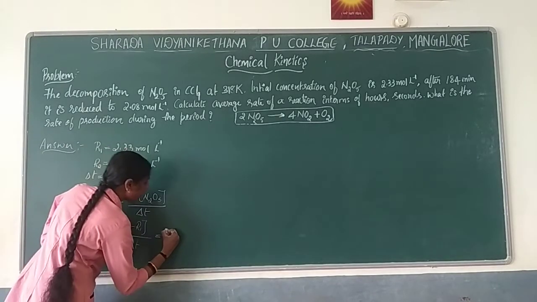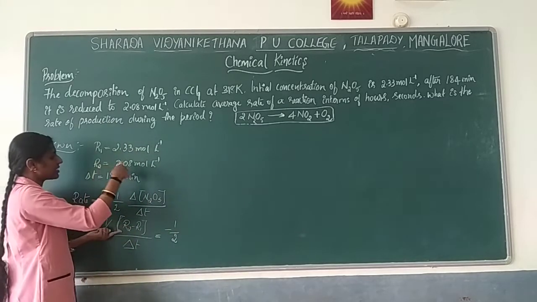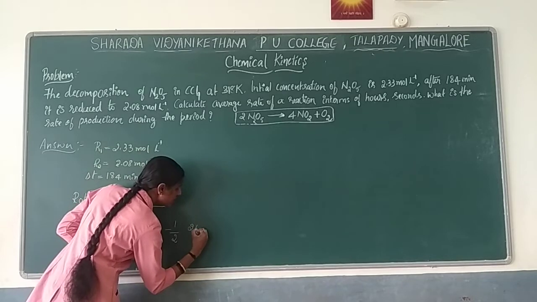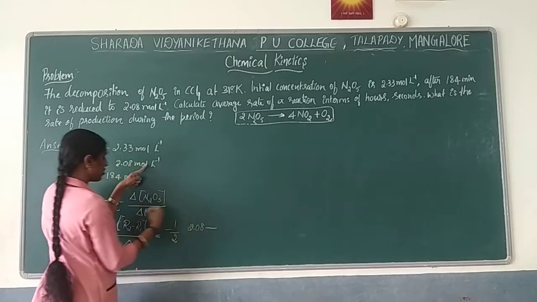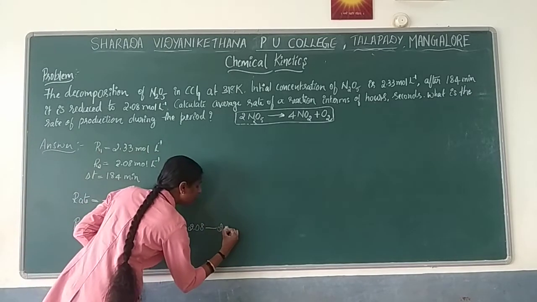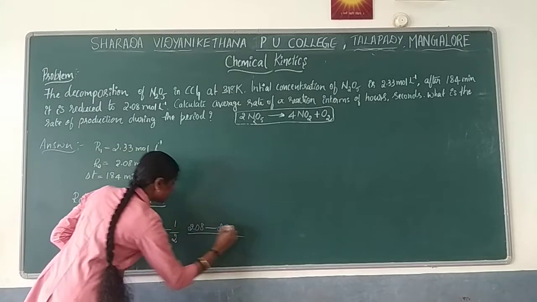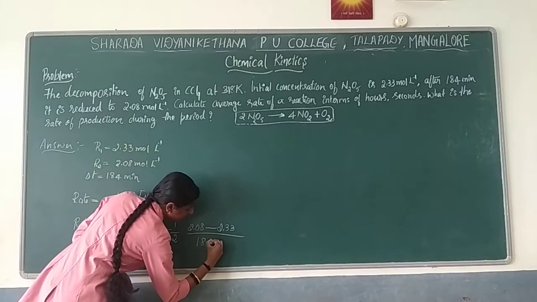So R2 minus R1 is nothing but minus of half, R2 value is nothing but 2.08 mole per liter, minus of again R1, which is nothing but 2.33 mole per liter, divided by delta T which is nothing but 184 minutes.